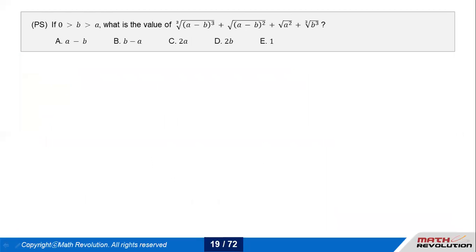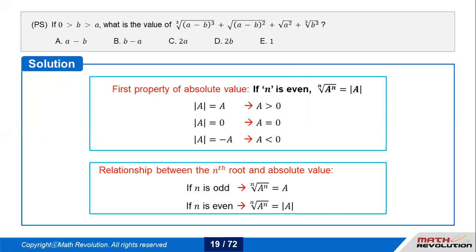Let's go with another question which says 0 is greater than B, which is greater than A. That means B and A are negatives. What is the value of, there's a cube root radical plus a square root radical, and then we have a square root of A square plus cube root of B cube. The same property is something which we are applying right now.